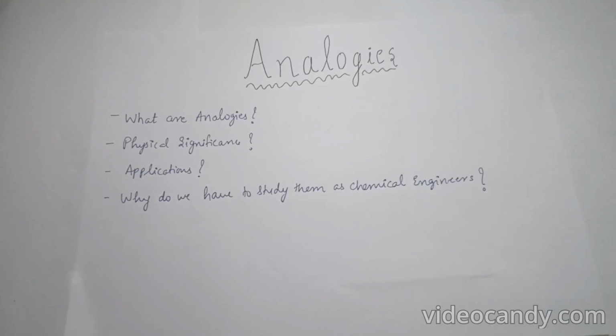As I said earlier, in chemical engineering, analogies play a crucial role, especially in transport phenomena, where we deal with momentum, heat, and mass transfer. One of the most famous analogies is the Reynolds analogy, which draws a parallel between momentum and heat transfer in turbulent flow.